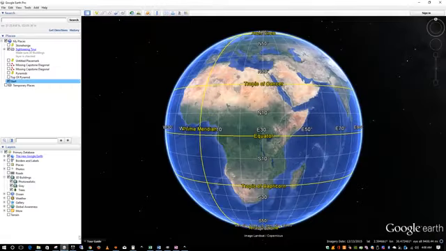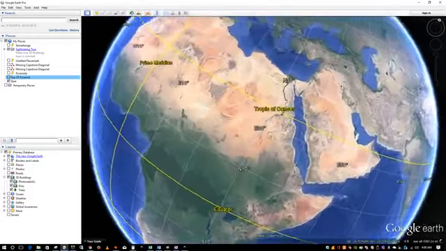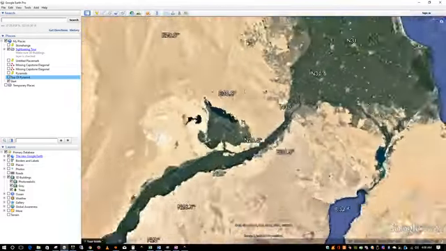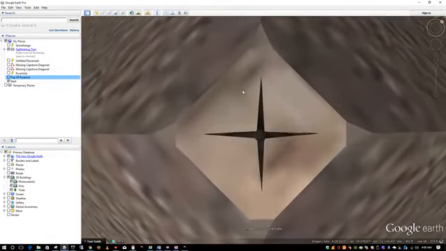So if we go over to Google real quick, let's just take a look at the top of the pyramid. And there's the top of the pyramid, and if you notice, what they've done here is they've kind of rounded these things off. So what you have to do is draw an imaginary line from this edge all the way down to where it meets.